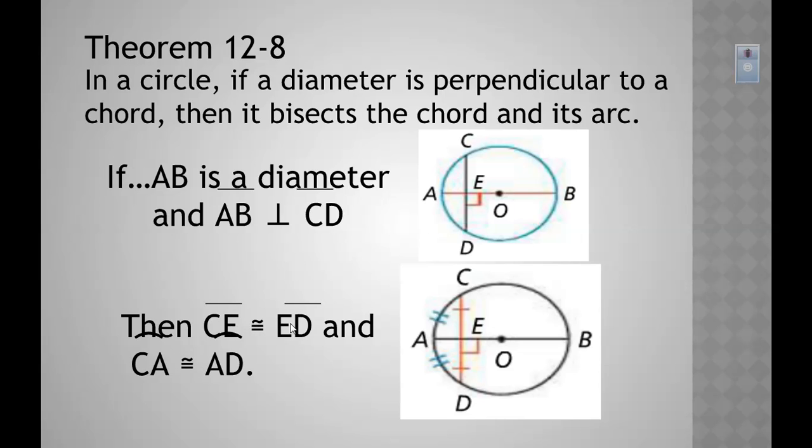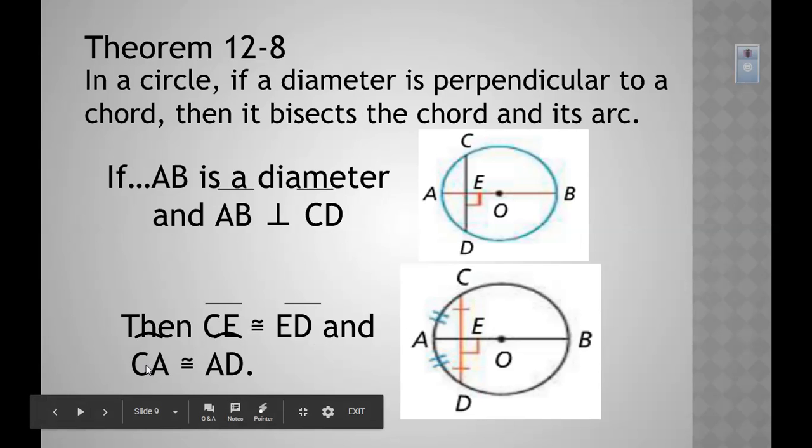So if CE is congruent to ED and CA congruent to AD, that means it's going to bisect this chord in half at a right angle. So therefore these two segments are the same and these arcs would then be the same. It bisects the arc as well.